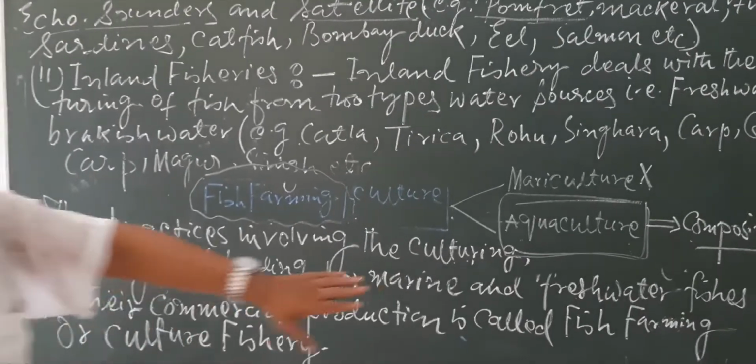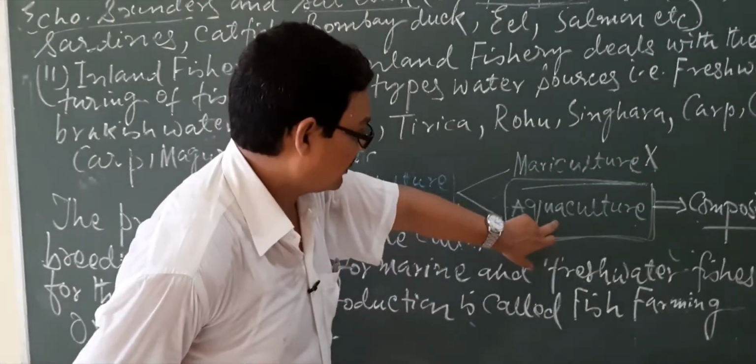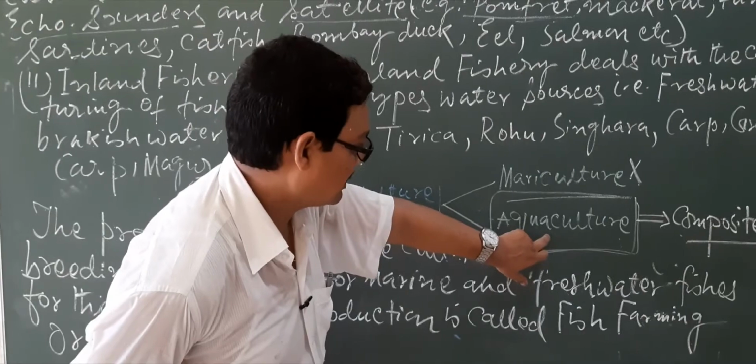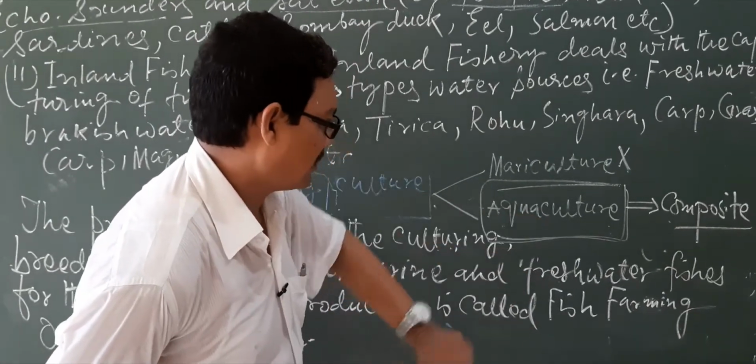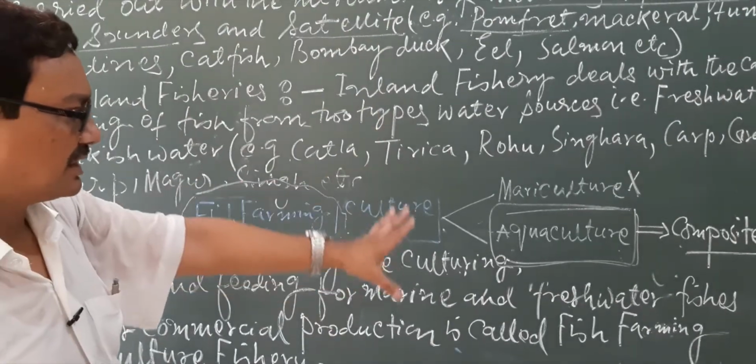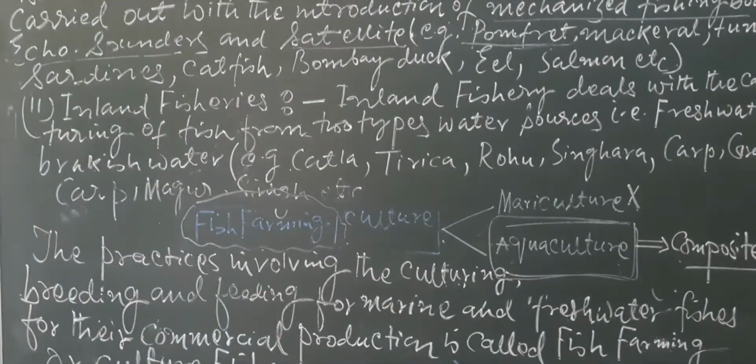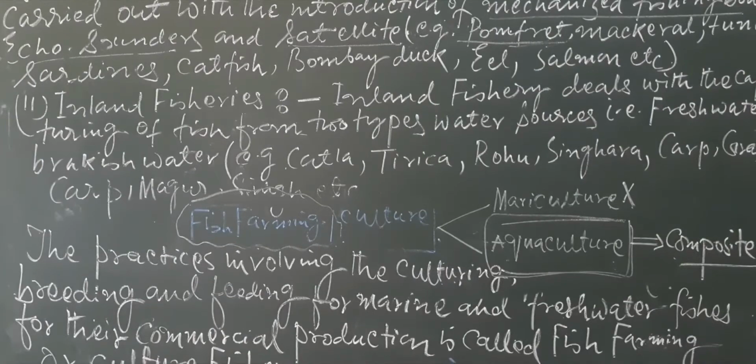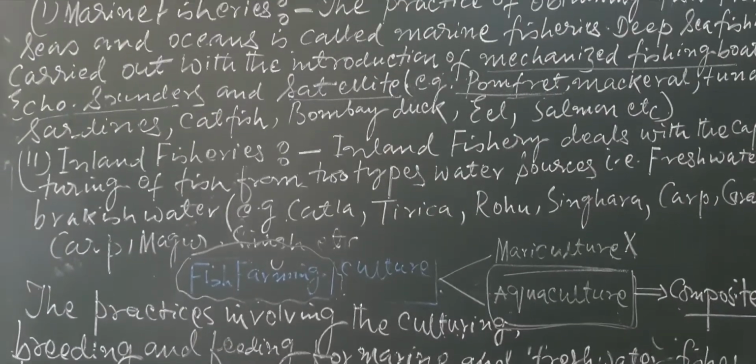When we culture the fish in fresh water or brackish water, that is aquaculture. It also has different methods, but out of those methods, one important method is required for you, that is composite fish culture. Understand?